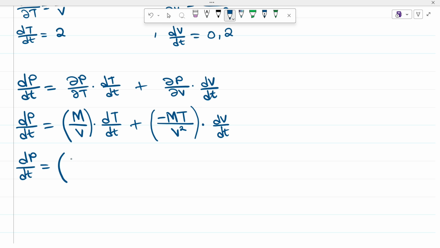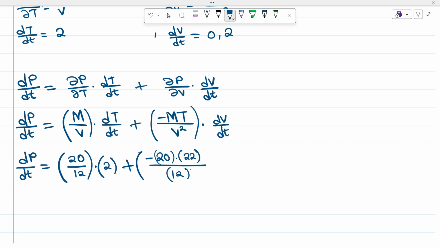So our m there is going to be 20 over 12 multiplied by dT/dt, which is 2, plus minus 20, that's your m, multiplied by T, so our T is 22, temperature equals 22, divided by V, which is 12 squared, multiplied by 0.2, which is our rate.